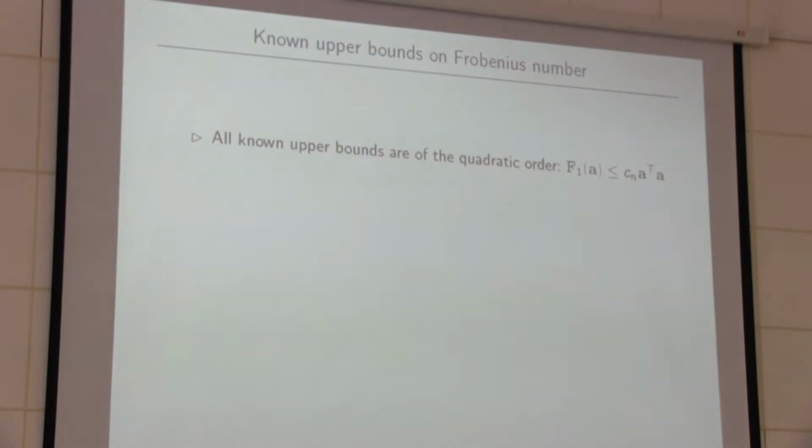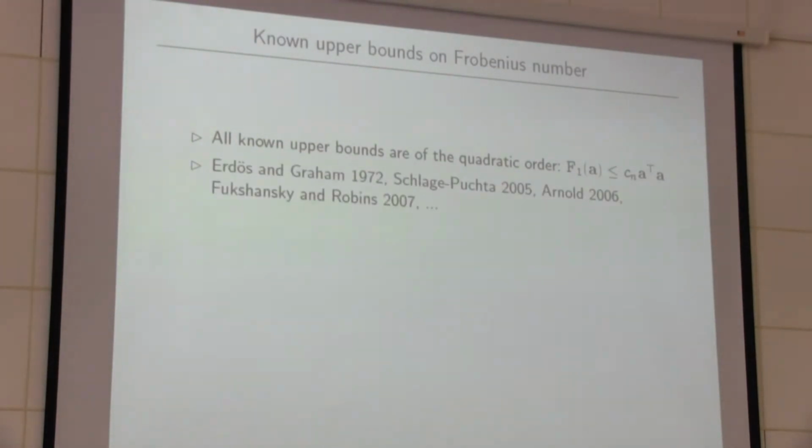So what is known about the bounds of the Frobenius number? From a very general point of view, all known upper bounds are in the worst case of quadratic order, the order shown here on the screen. And moreover, it's known already from the works of Erdős and Graham, and also from more recent results, that the quadratic order is best possible; it cannot be improved.